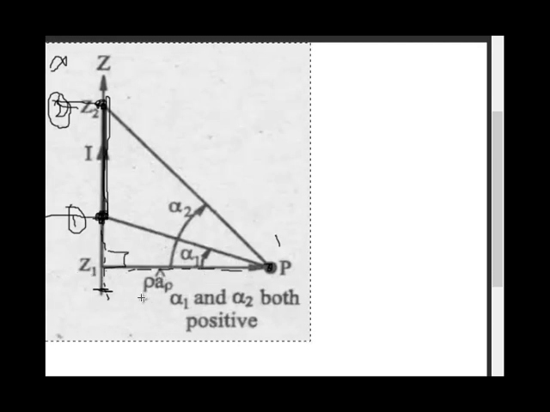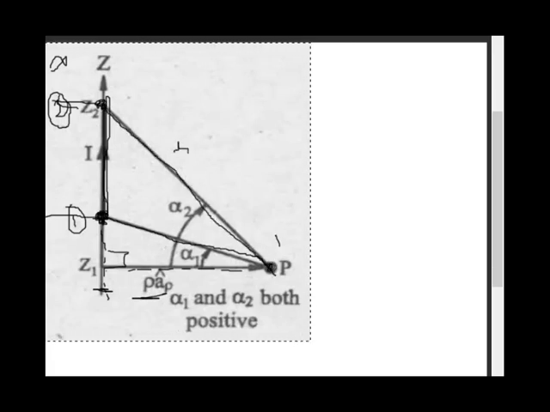Then this will be called rho, and we have to draw a radial line from the first point to the point P, then from the end point to the point P. These two are radial lines. This is R1, this is R2, and the angle of R1 with rho is alpha 1, and the angle of R2 with rho is alpha 2.